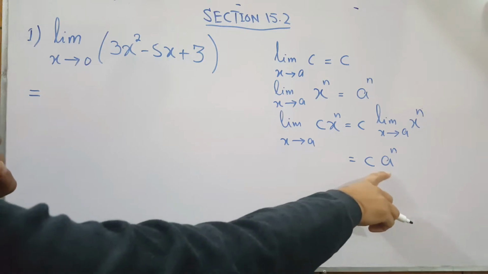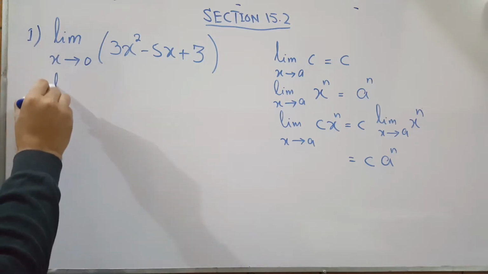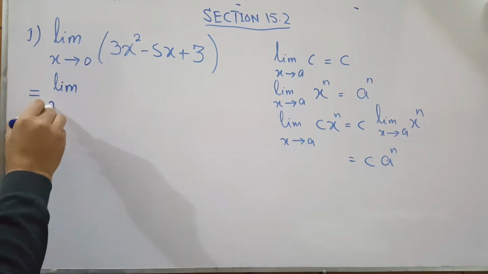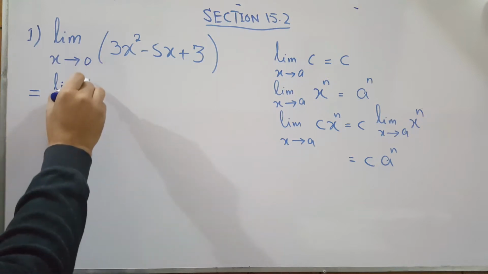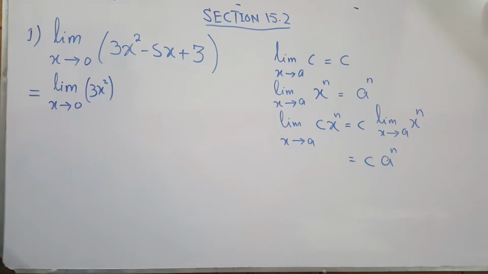So that would be c times a to the power n. So here we will apply those rules of limit, with x approaching 0. First we will apply on the first term.